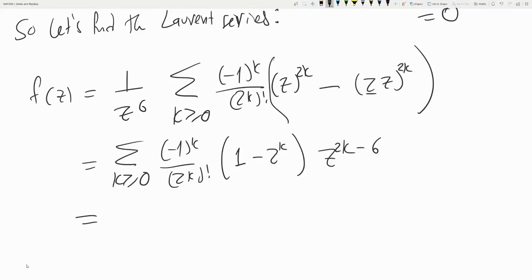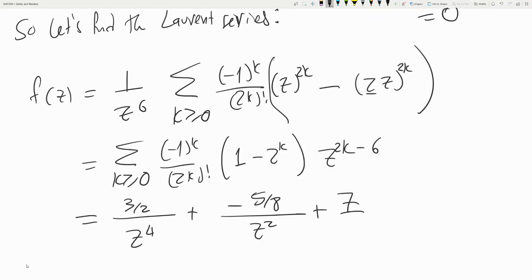Good. So let's look at the first few terms. If I put k equals 0, I get 3 halves over z to the 4. The next one is minus 5 over 8 z to the 2, and a constant term, and then it's just constant terms.